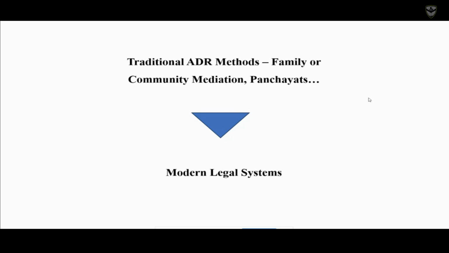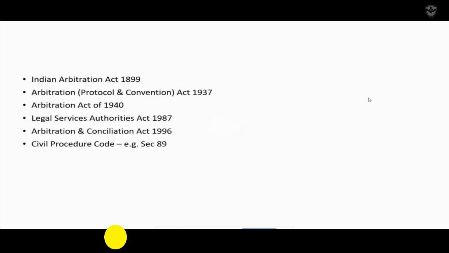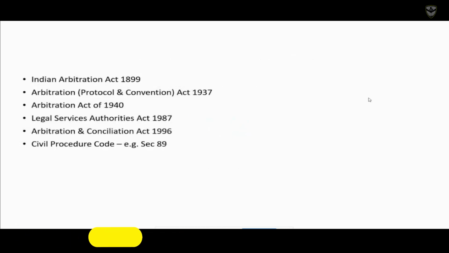The formal recognition of traditional ADR mechanisms by the modern legal system can be traced back to British era legislations like the Indian Arbitration Act 1899, the Arbitration Protocol and Convention Act 1937 and the Arbitration Act of 1940.